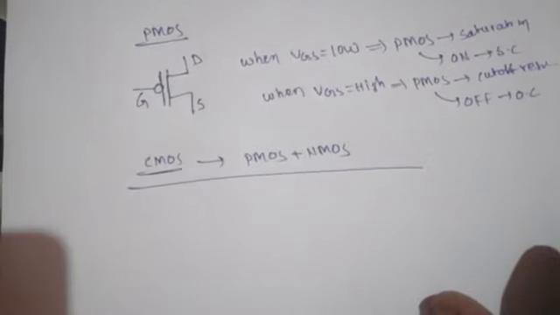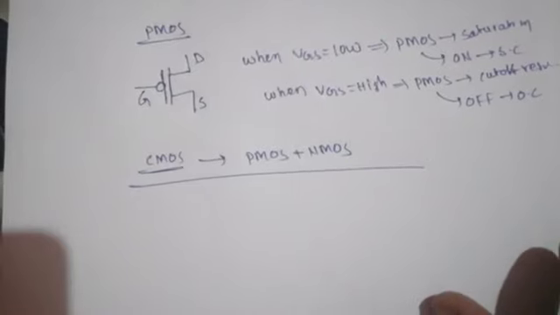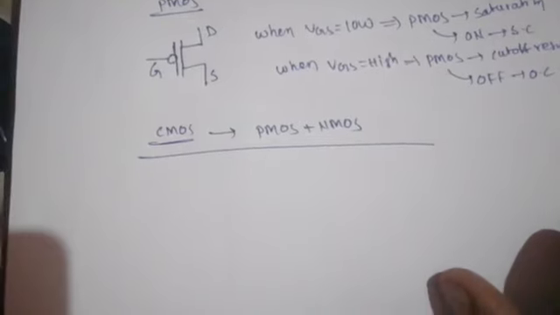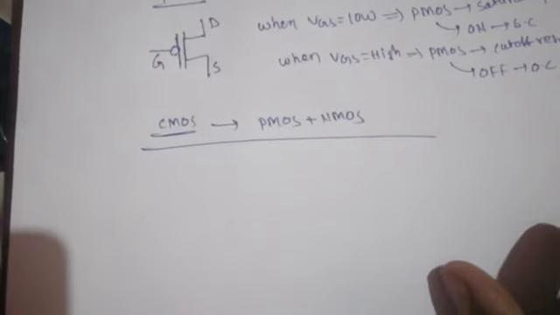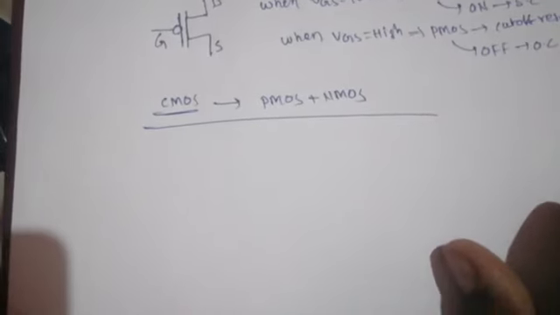In the next video we will discuss layouts and stick diagrams for PMOS, NMOS and CMOS. First of all, we have to know how to draw the circuit diagram. That is the important thing.